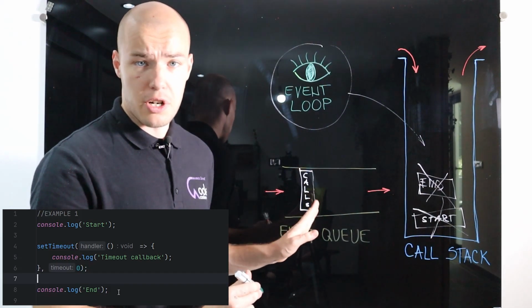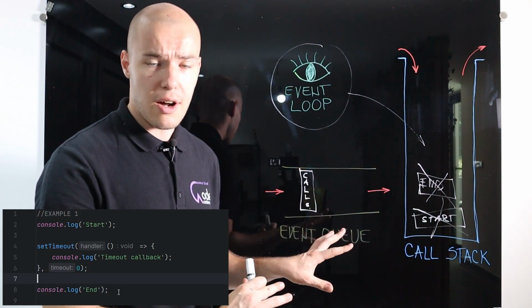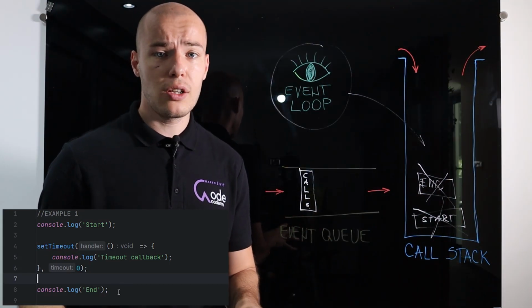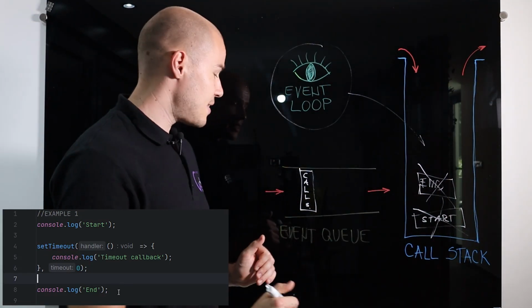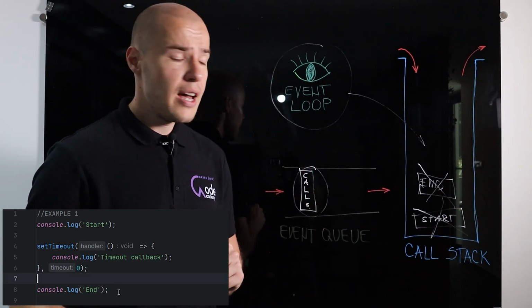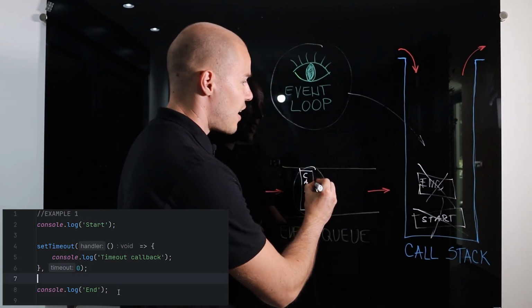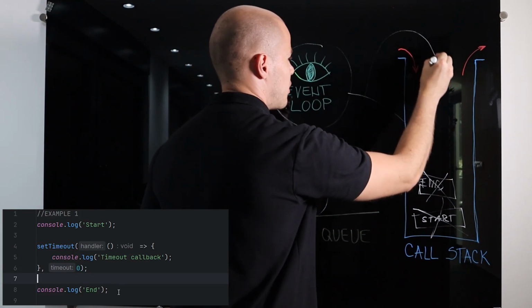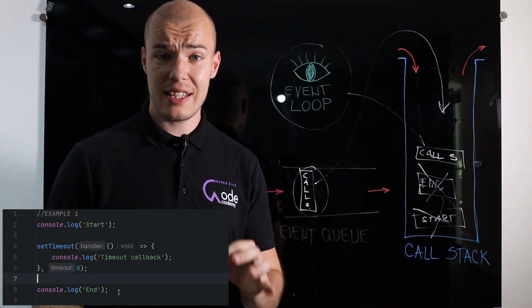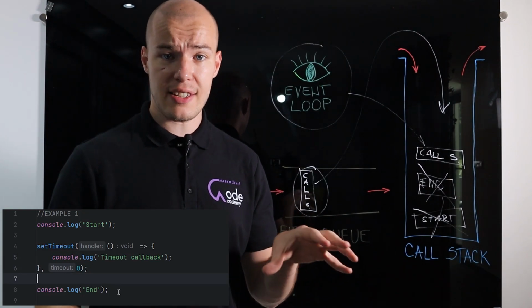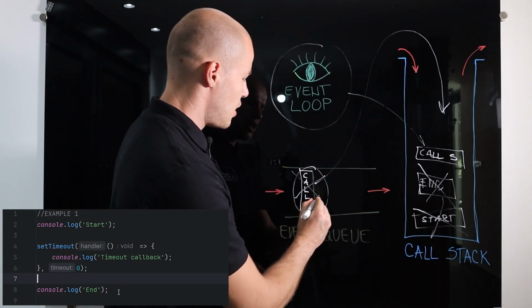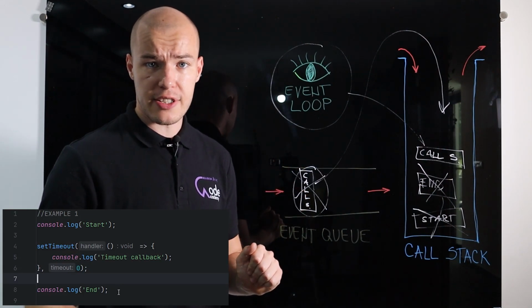Because we are not working with the Microtask queue right now, but we will cover it, do not worry, our event loop is going to take a look at our event queue, see that we do have something that is waiting around to be executed, and it is going to take that task and push it onto the call stack. So our event loop has successfully noticed that the call stack is empty, so it pushed from our event queue the task that was waiting for execution.